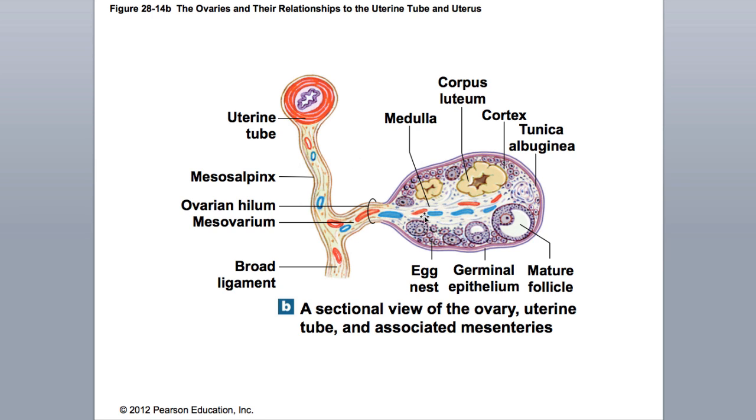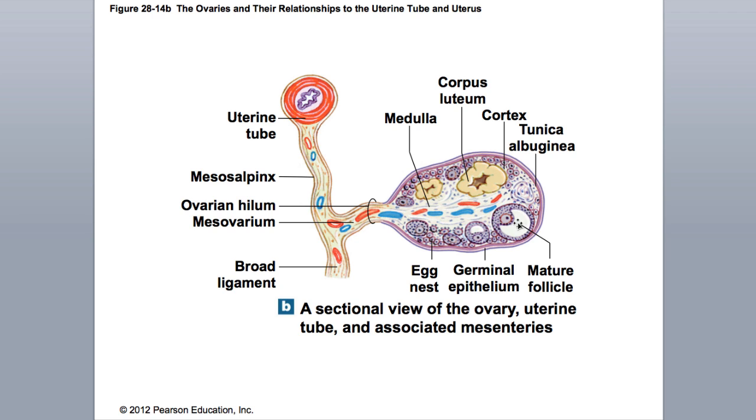Now, here we see these little primordial follicles, and you'll see a better picture later. These primordial follicles are actually being developed. You can see them here too. So here we have a primordial follicle develop into this mature follicle.